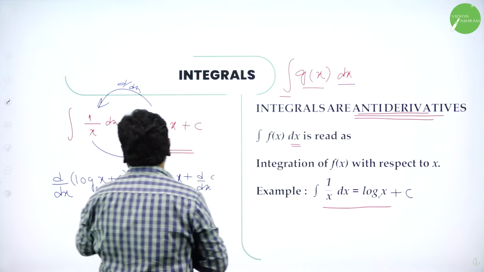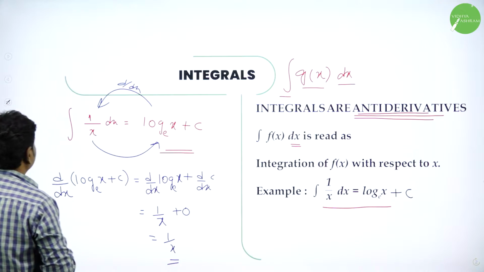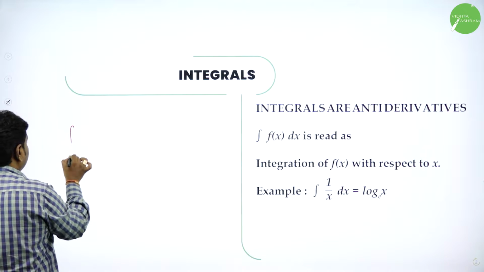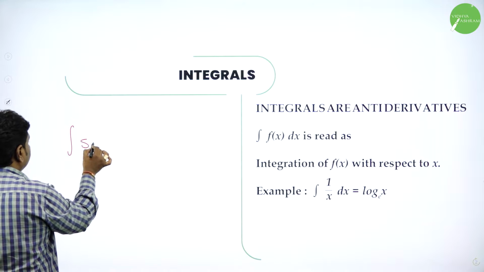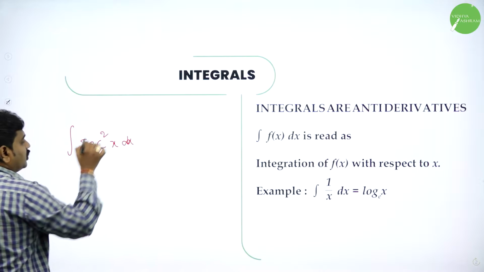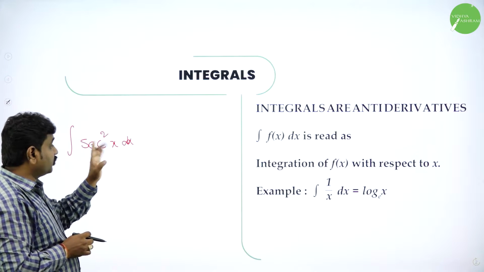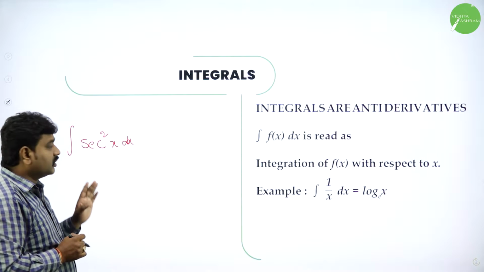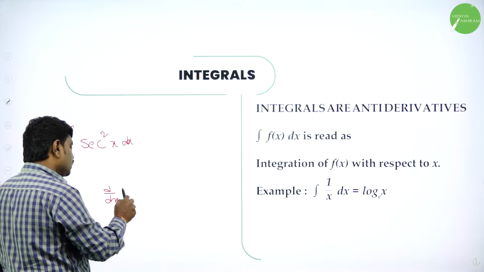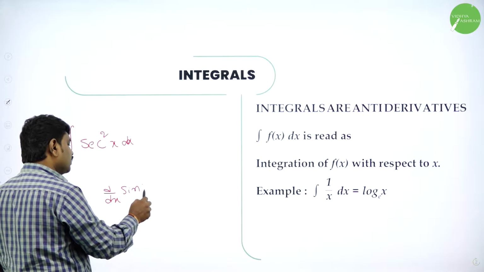One more example, let us take one more example. Now say integration of secant square x dx, suppose. Now think, what if you differentiate, you will get secant square x. So if I see the formula list, what is d by dx of sin x?